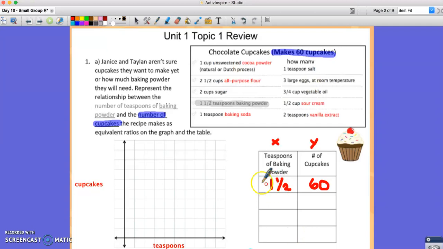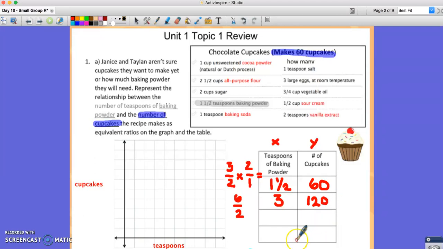I could just take my 1.5, or 3/2, and double it. Three halves times 2/1 would give me 6/2, which is 3. So if I double the teaspoons, I'm going to have 3 teaspoons, and then doubling 60 is 120.